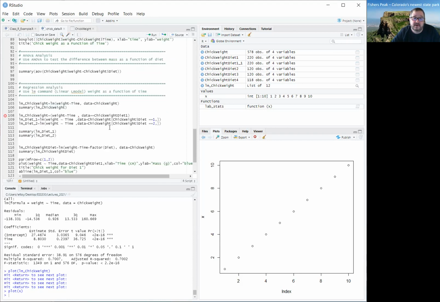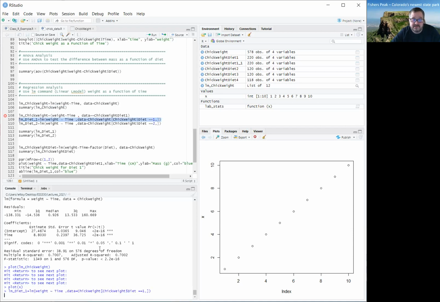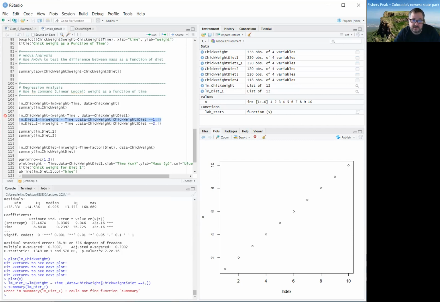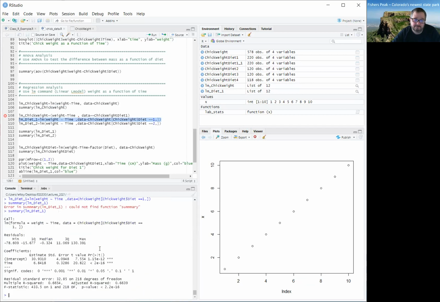Okay, so now we're going to go on to the next step in this analysis, the regression analysis. Let's look at just a model for diet 1. And again, now we can look at summary of lm diet 1, and we will find out that I put 3 M's in summary.